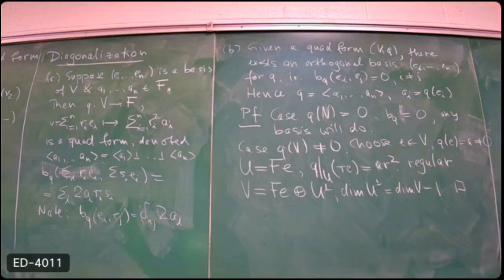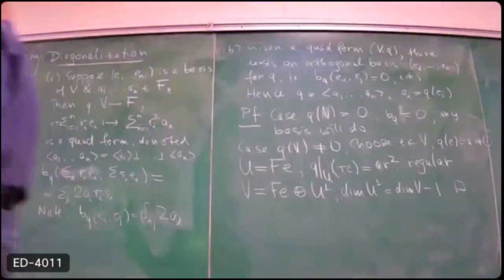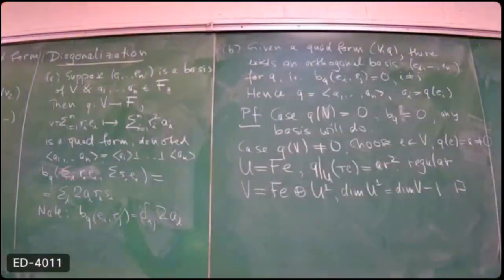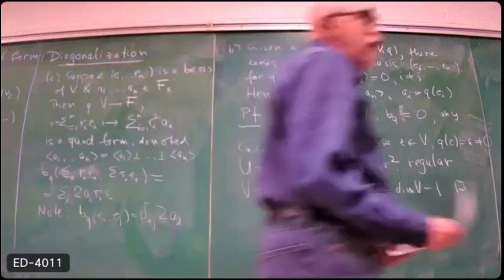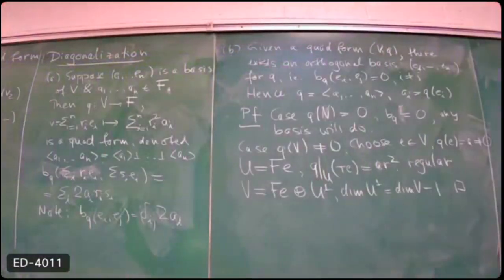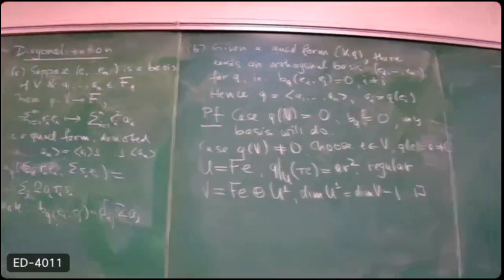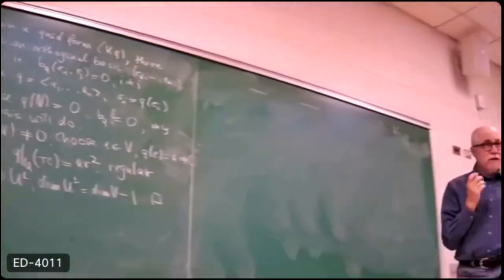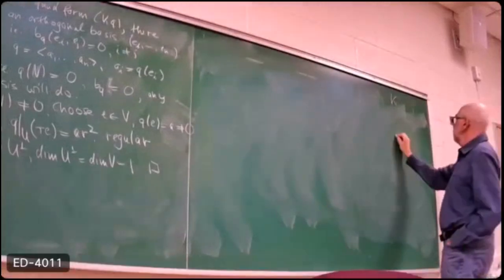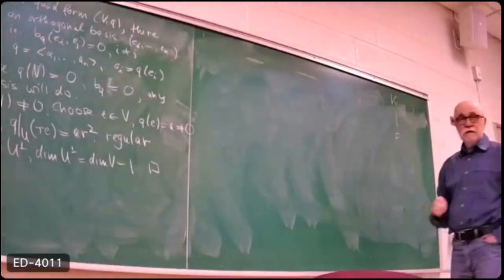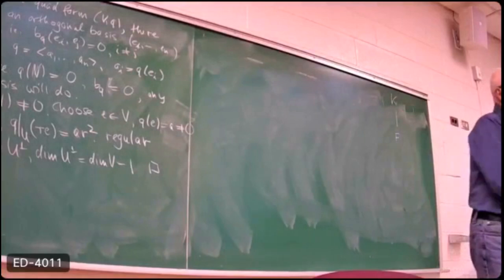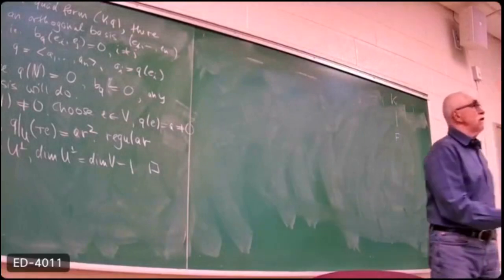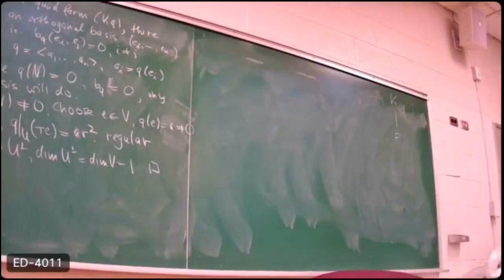Now, the main theme of today's lecture is base change, going up and going down. Namely, we will consider an extension field K of F. For example, F could be the real numbers, and the extension field then could be the complex numbers.